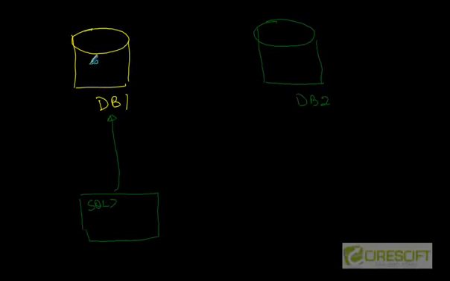Then assume that we have a table T, and I'm connected as a user, say Scott, with password Tiger. So in the Scott user I have a table T. This is the Scott user of db1.